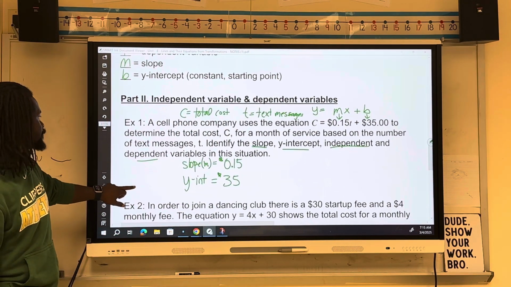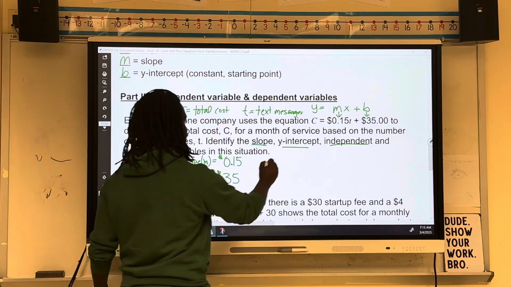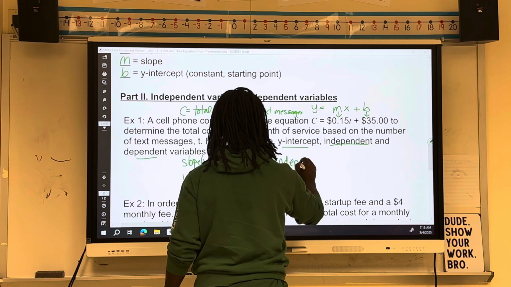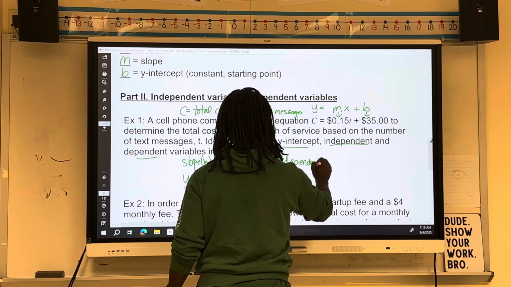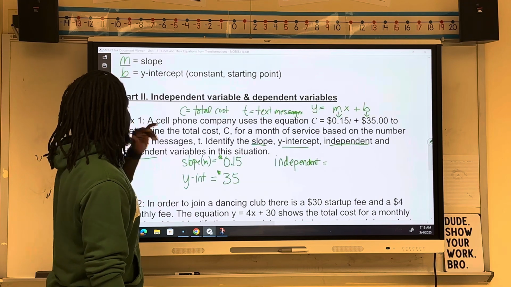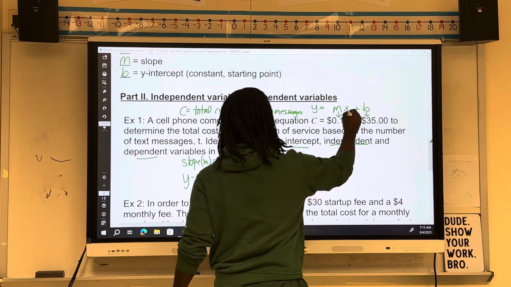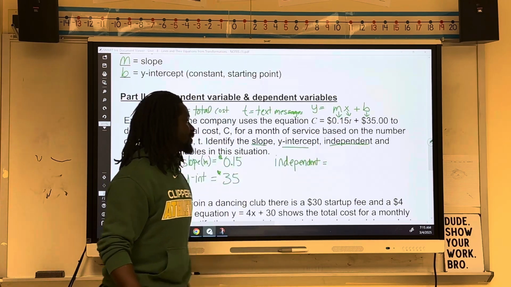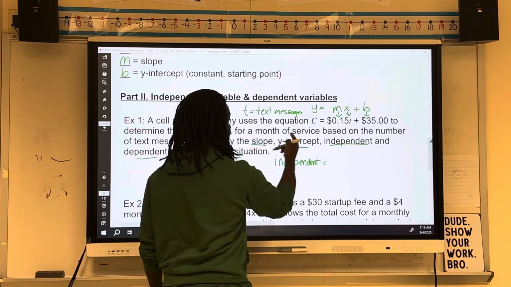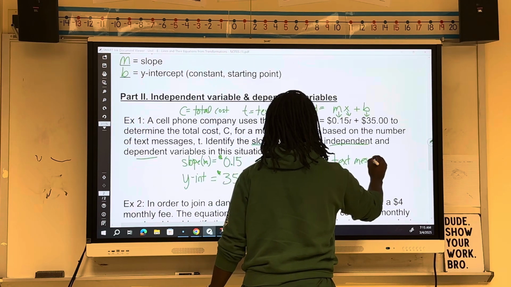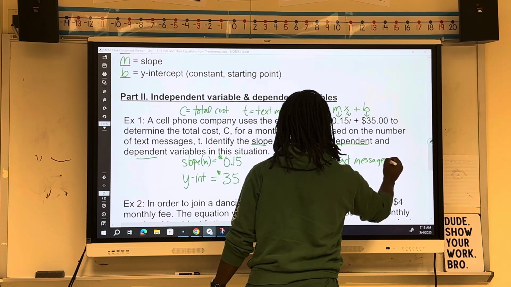Then we had to find our independent and dependent variables. The independent variable is the x, which refers to what is with the slope. In this situation it is the t, which is text messages. That is our independent variable.